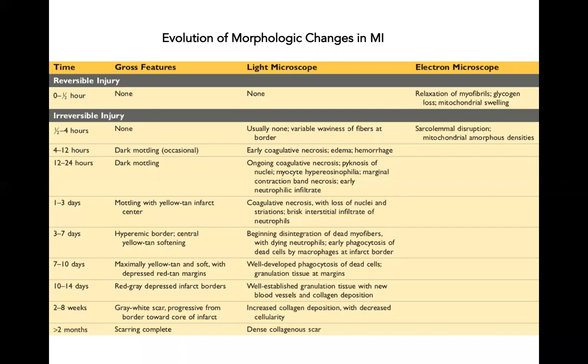Okay? So that's the reversible injury pa lang, no? And then eventually, tandaan nyo dito, dense collagenous scar. So pag more than 2 months, there is scarring of the heart. Okay? Scarred heart. So hindi na siya makapump. So most likely, the patient is on maintenance na for inotropes. Okay?